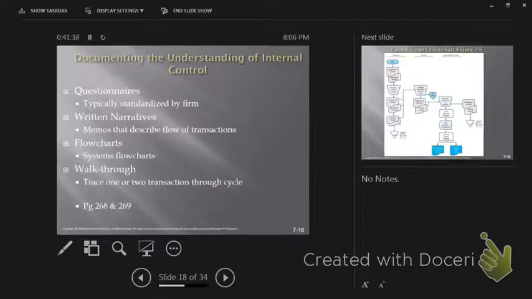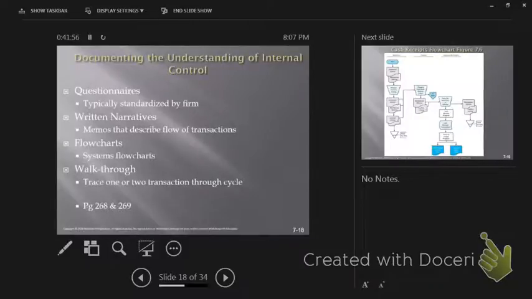So this is what a questionnaire kind of looked like. Let me blow it up because I can't even read it. This questionnaire is over the cash receipts.